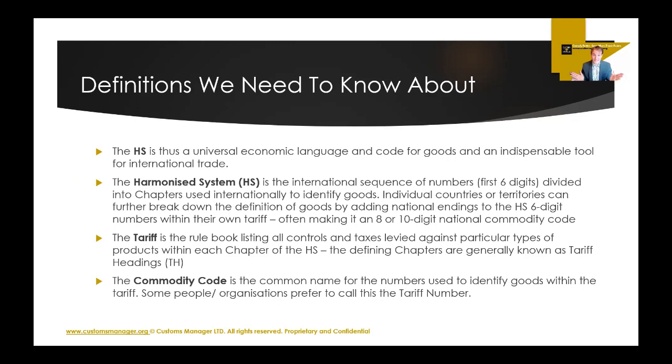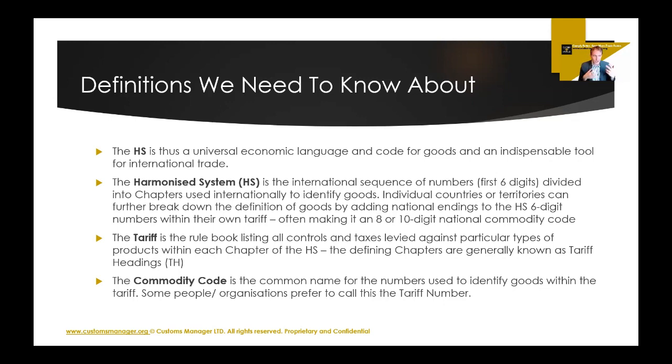So the first thing we want to talk about is the definitions we need to know about. The HS, the harmonized system, is the first thing we talk about. The harmonized system is an international sequence of numbers. It is also, broadly speaking, the universal economic language and code for goods, an indispensable tool for international trade.